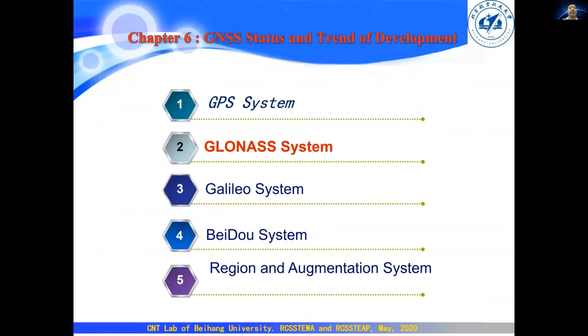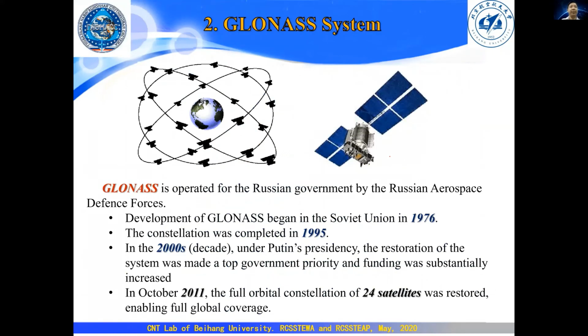And then I talk some about the GLONASS. Actually, the deployment of the GLONASS began in the Soviet Union in about 1976, and the constellation was completed in 1995. But you know, then the Soviet Union had a lot of problems, and so in the 2000s decade, the system was under-maintained. Without maintenance, it degrades.